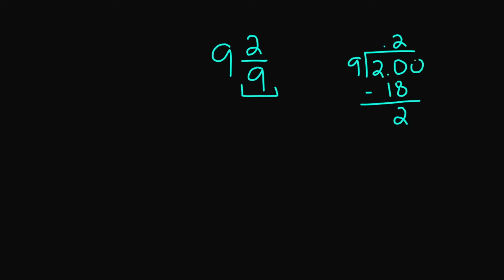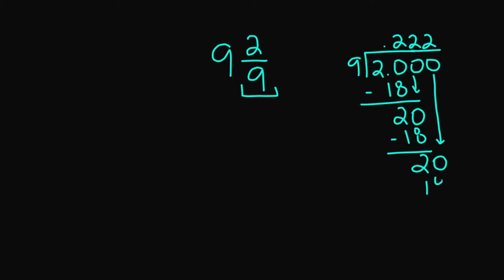I'm going to bring down another 0 because 9 doesn't go into 2. However, 9 goes into 20 2 times. 9 times 2 is 18. 20 minus 18 is going to be 2. Again, 9 does not go into 2, so I bring down a 0. 9 goes into 20 2 times, 9 times 2 is 18, and 20 minus 18 is 2.